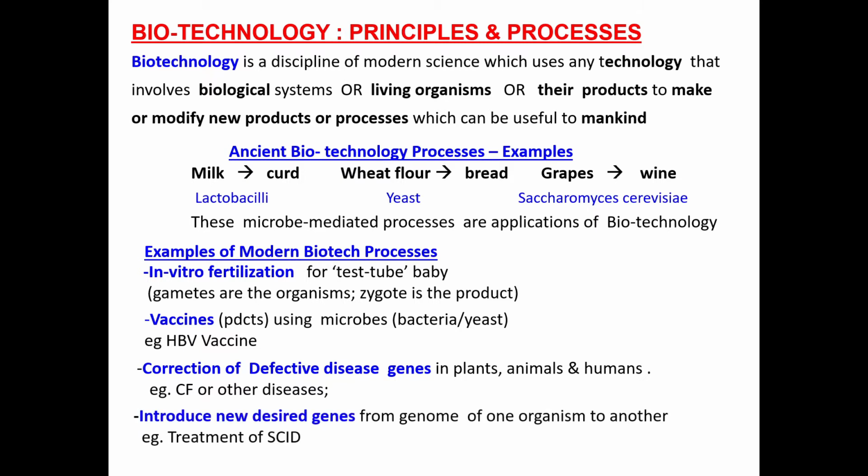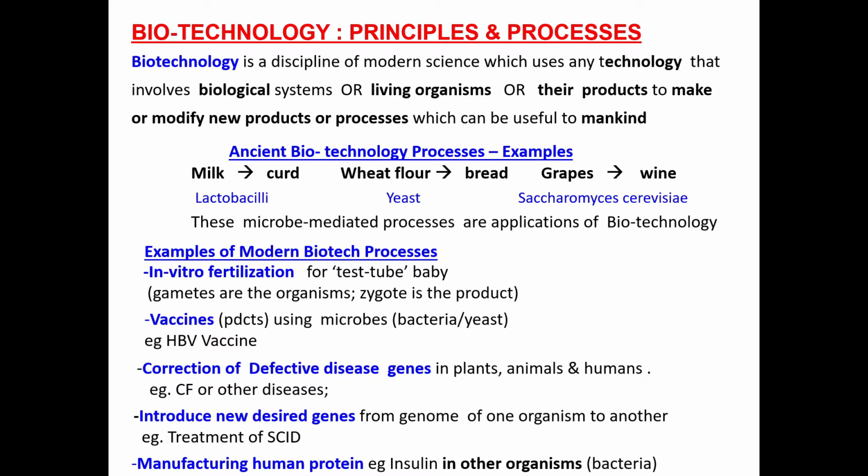Introducing new or desired genes from the genome of one organism to another. This is a very important advancement in science which falls under the topic of rDNA technology, part of this chapter. Example, treatment of a disease like SCID. We'll do this later. Manufacturing human protein.